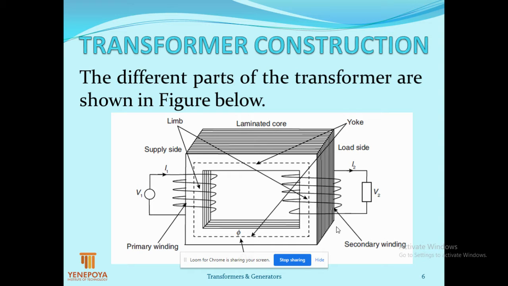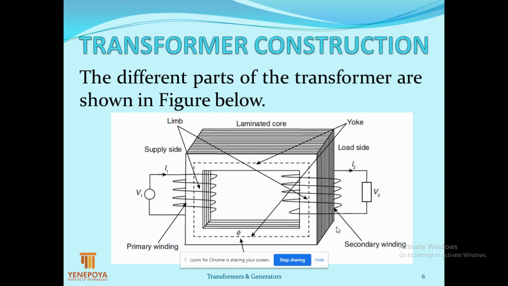There are certain losses, due to IR drop and IX drop, that is the resistive and reactive drops in the primary and secondary windings. Hence, E2 is never equal to V2. Only ideally E2 will become V2, because V2 is equal to E2 minus I2 R2 minus I2 X2. There are resistive and reactive drops. Hence, we are going to get a reduced voltage to the consumers, that is to the load here.